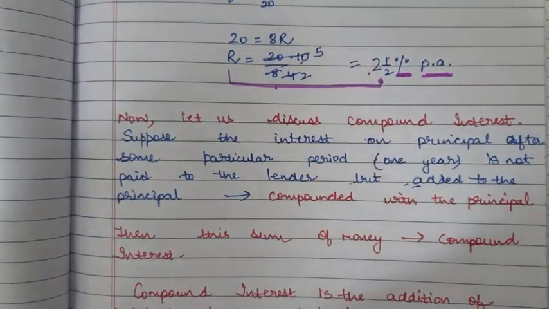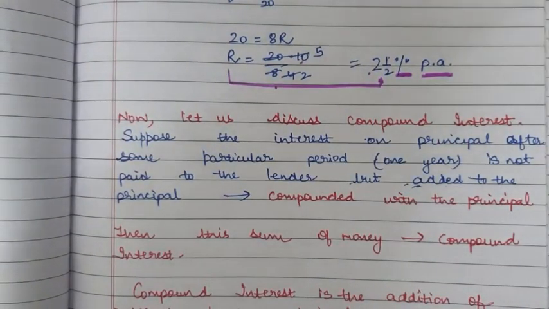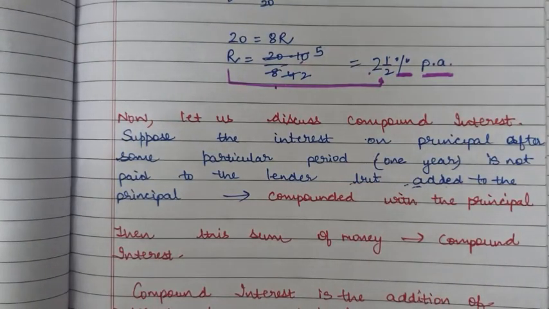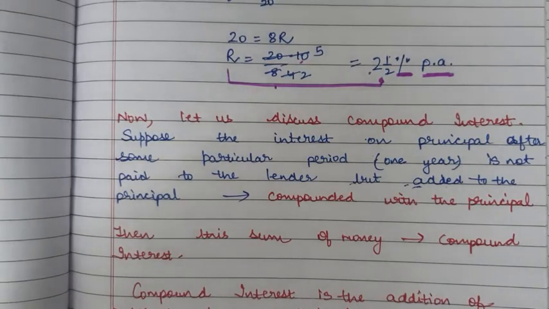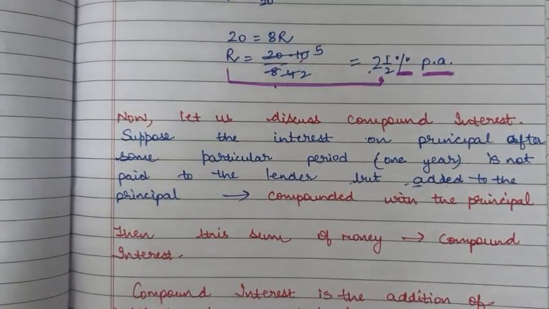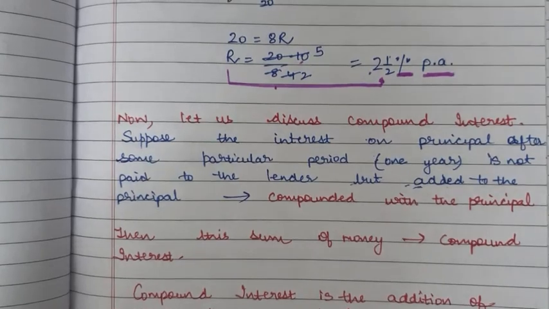Clear, children? What is simple interest? How can we find out time? How can we find out rate of interest? How can we find out principal? These all things, I hope it is clear to you.